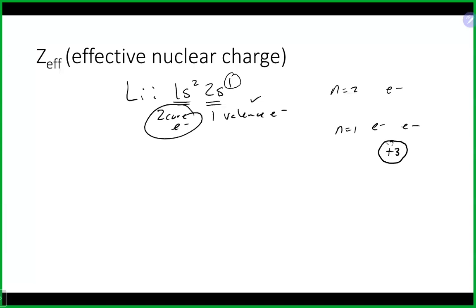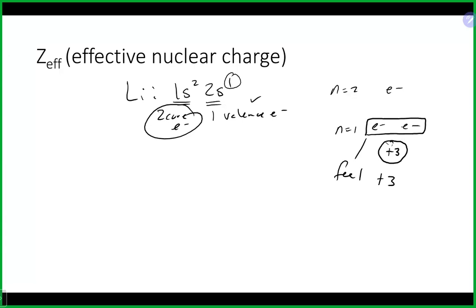What happens is, because those 2 core electrons are sitting close to the nucleus, they're going to feel the full brunt of that +3 attraction. That locks those guys in pretty tightly, because they're getting the full positive attraction, like a giant magnet pulling them in.